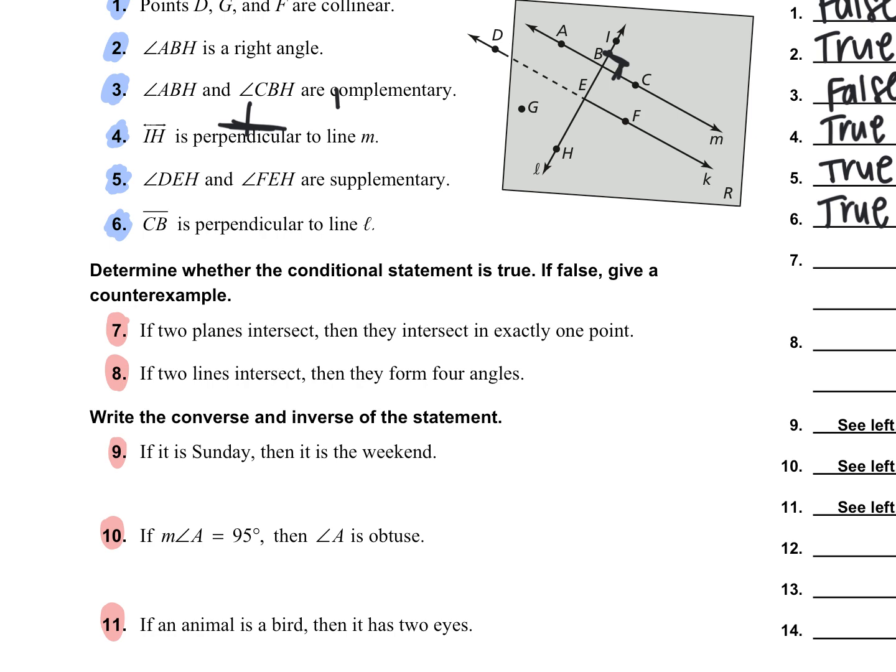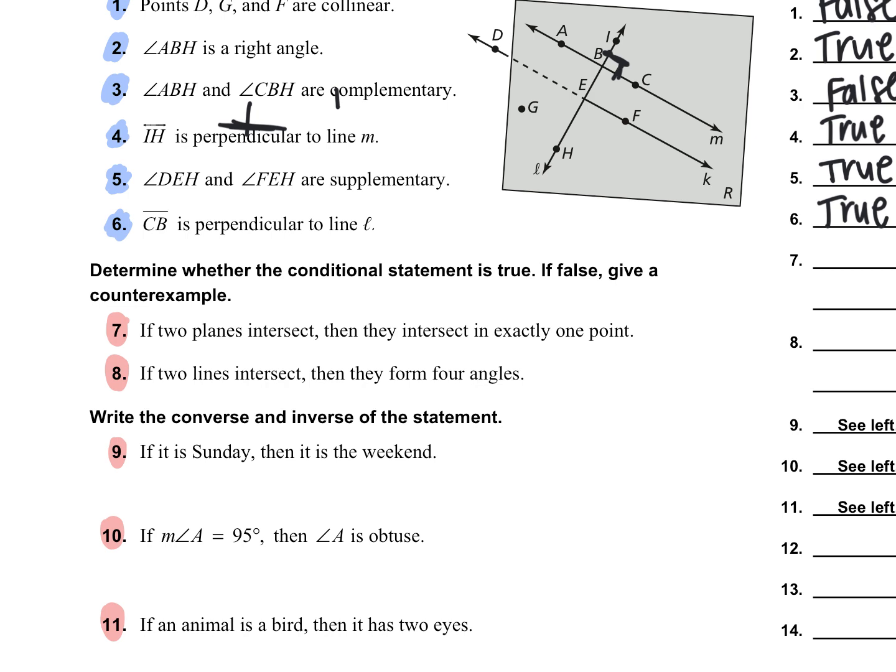True or false? Let me see. If I show you two planes, they're going to intersect at 1 point. No, two planes intersect at exactly what? 1 line. So this is false.